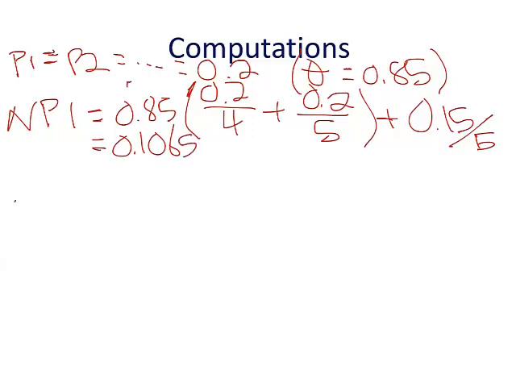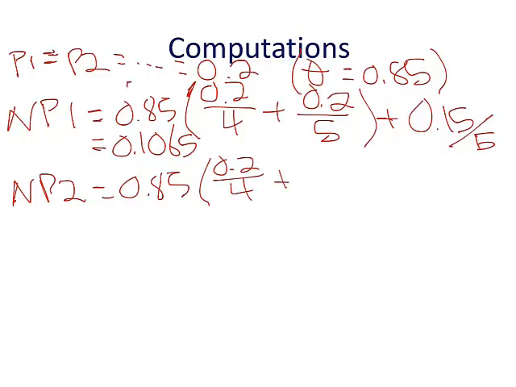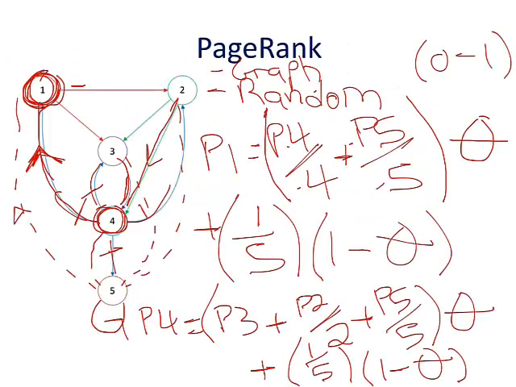We can also do this for node 2, and P2 is 0.85 times 0.2 over 4 plus 0.2 over 4 plus 0.2 over 5. Now, where did these come from? Well, this 0.2 over 4 and these other 0.2 over 4 is for the nodes that point to node 2, which we can see again from here.